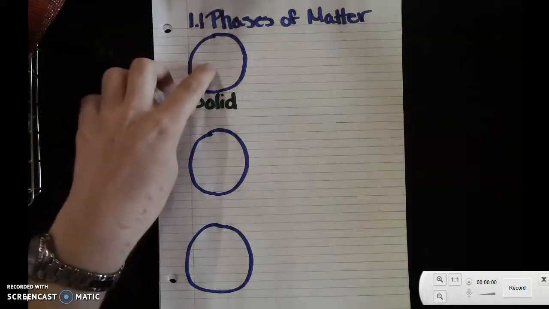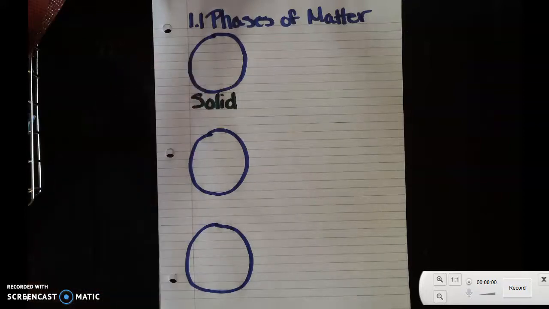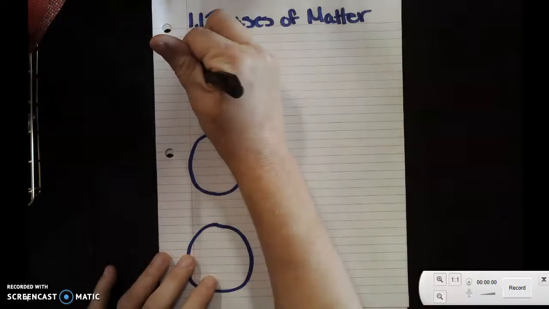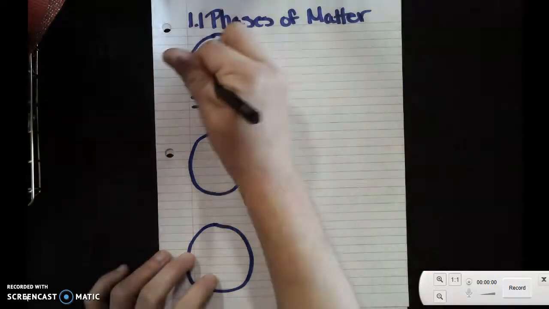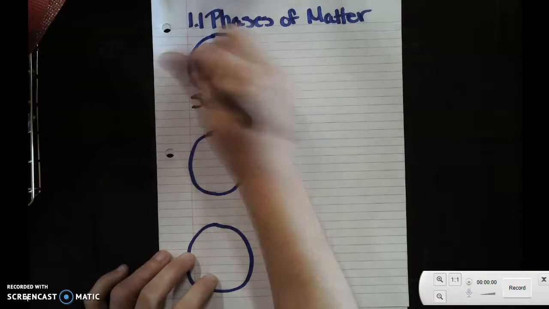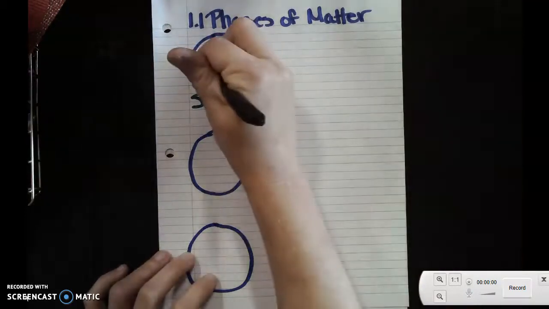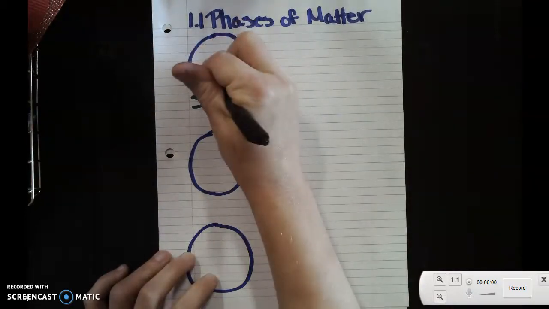This circle is going to represent a magnified view of a solid. So it's as if you were looking in a microscope. We want to see what it looks like at the molecular level, which means what each individual atom looks like. So we know with solids, all of the atoms are close together, packed together, and touching.